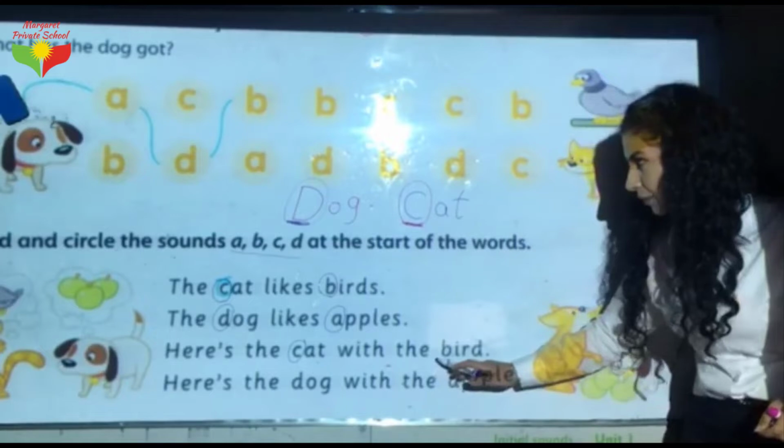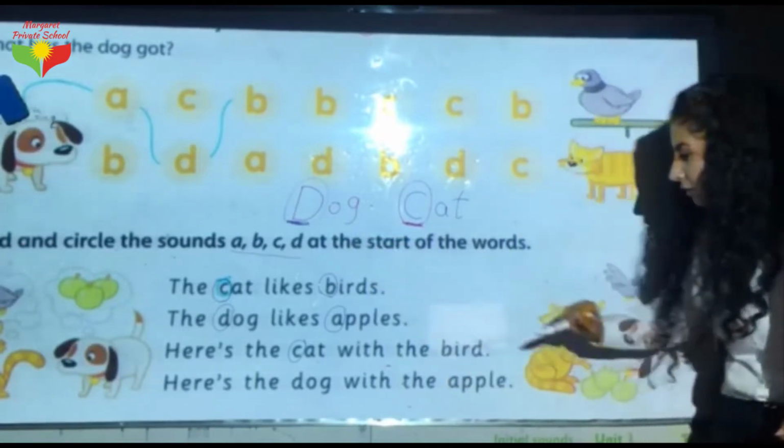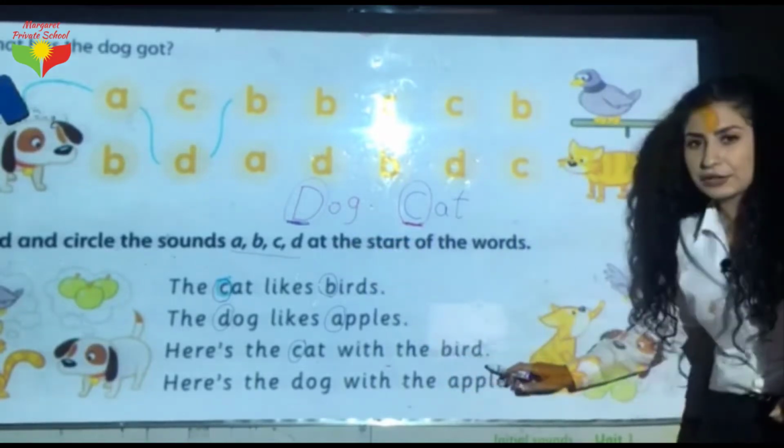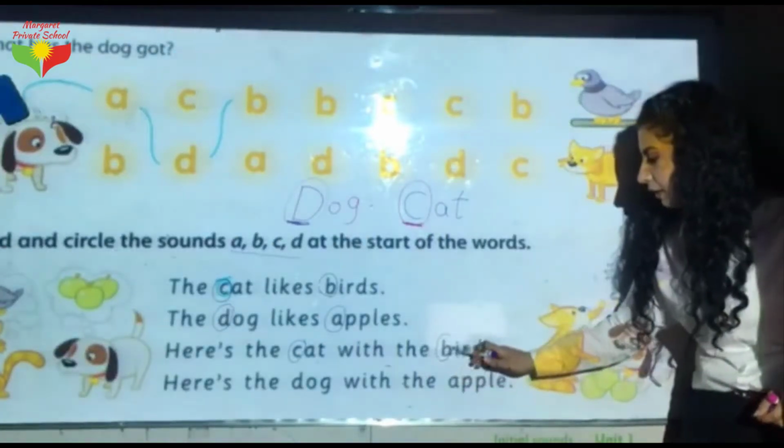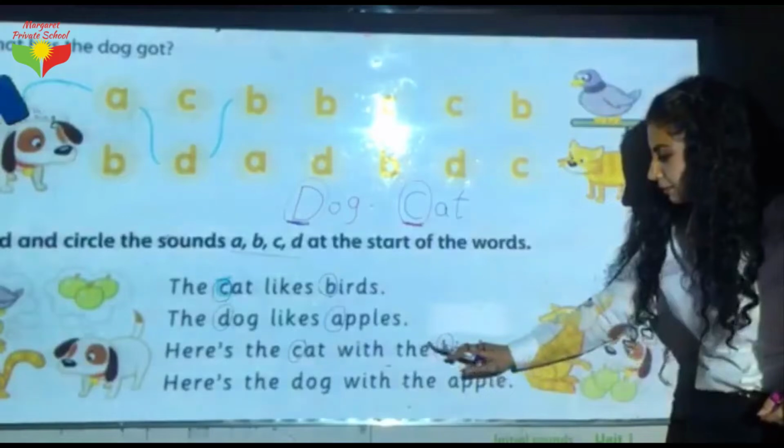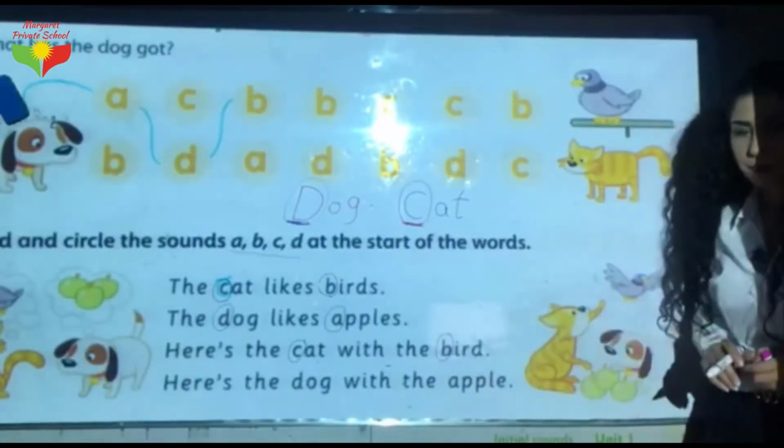Okay, the, we don't have any of these sounds. Bird, so we have to circle the letter B at the start of bird.